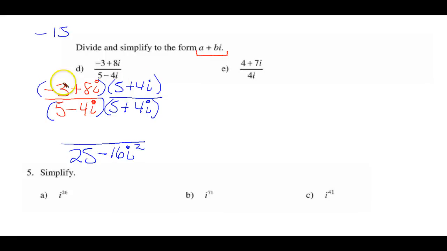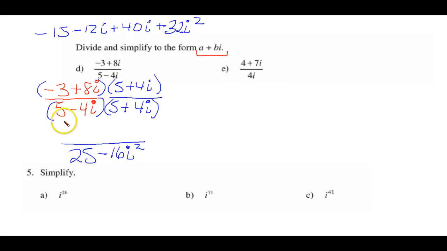Now my outers, a negative 12i. My inners, a positive 40i. And my last, a positive 32i squared.